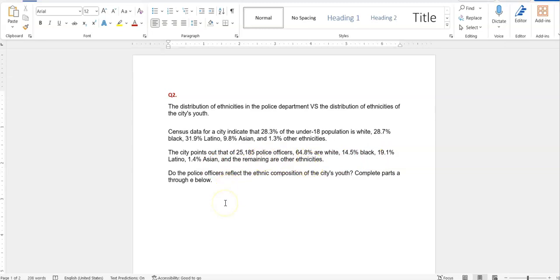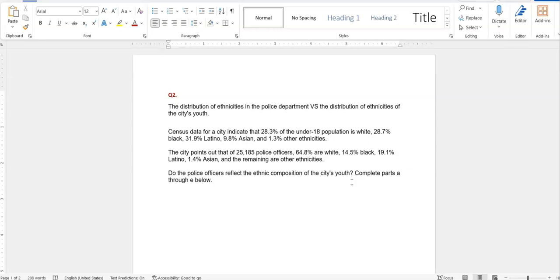So the observed values are this. Out of these police officers, these many are white, Black, Latino, etc. observed. Do the police officers reflect the ethnic composition of the city's youth? Now, in this case, what do we test?